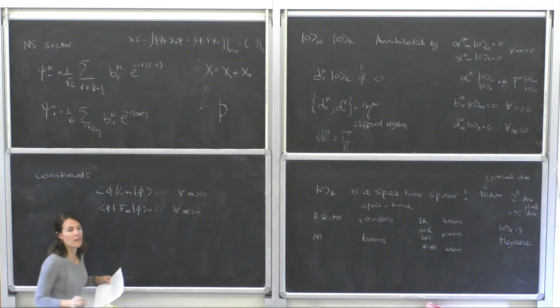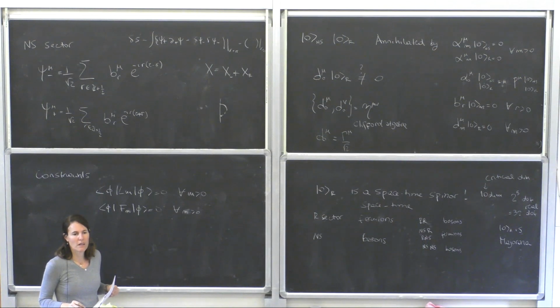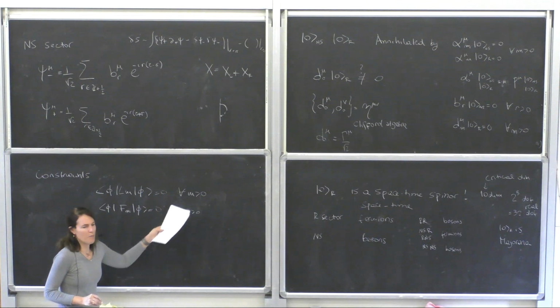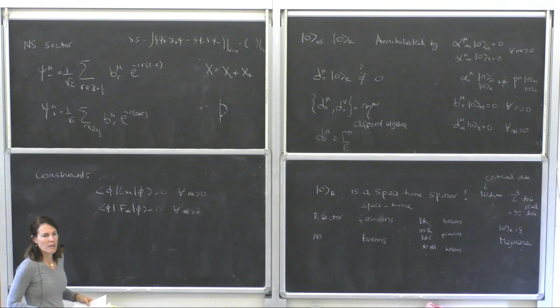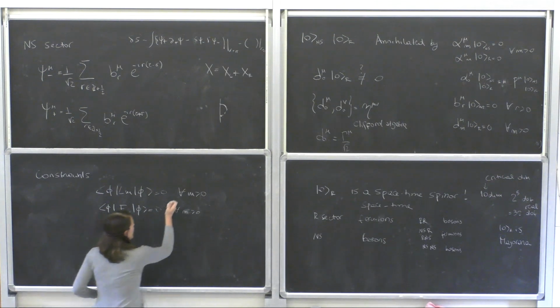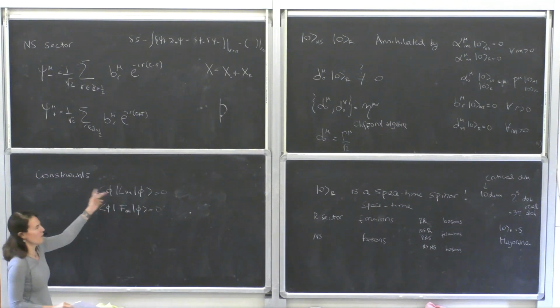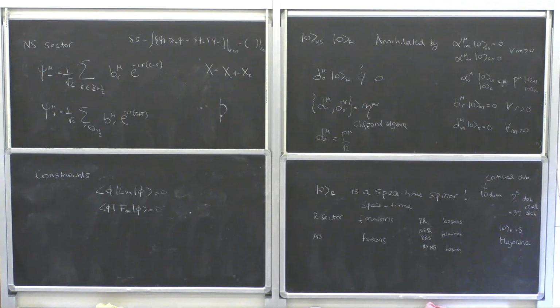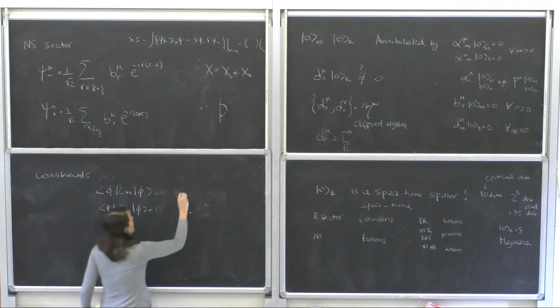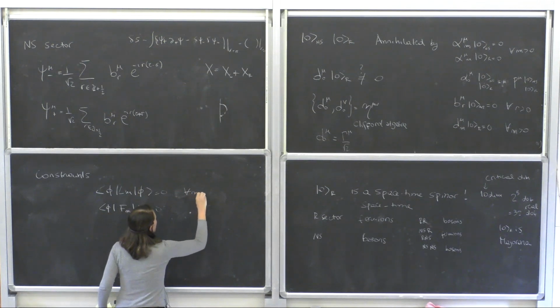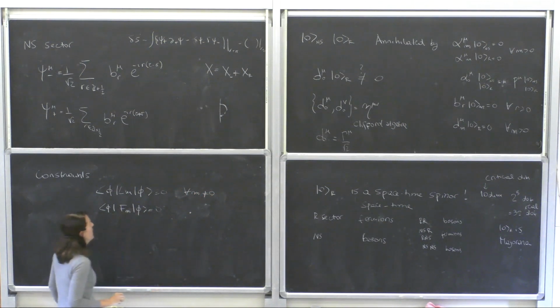Not only for the positive. Sorry, for any m, you're right. Once I put it, yeah, sorry. Because the minus m are the daggers, so they act on this. Yeah, thanks. So this is for all m, but different from 0 because it's a story of the normal ordering.